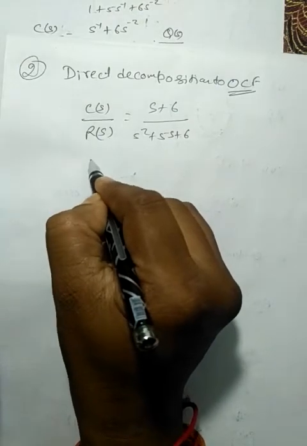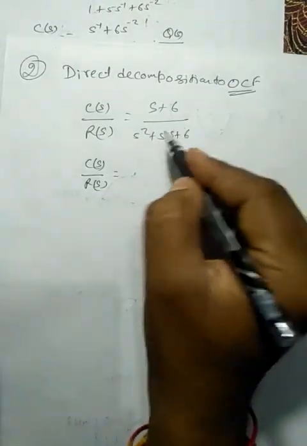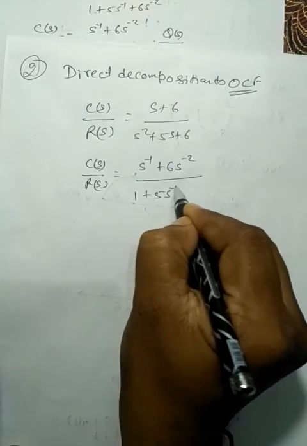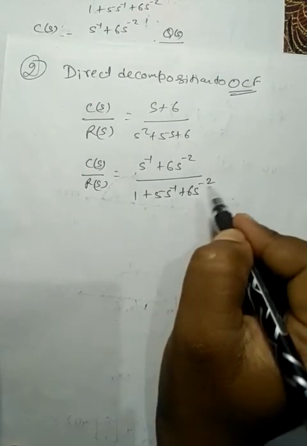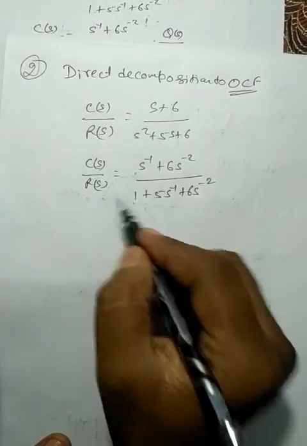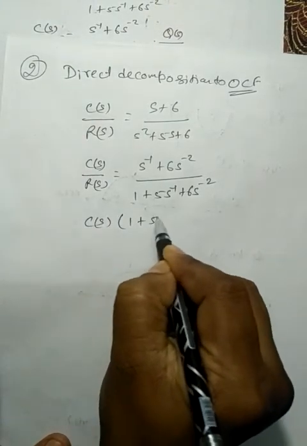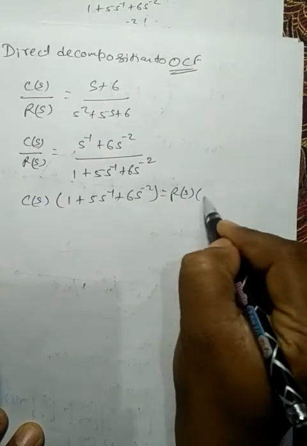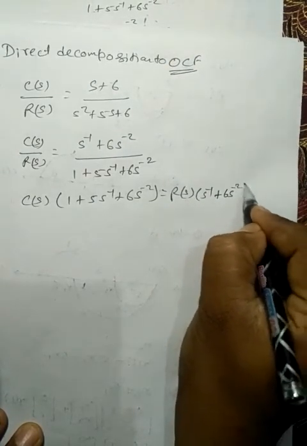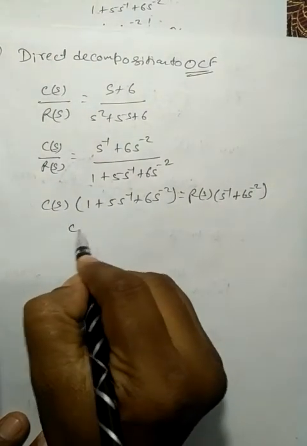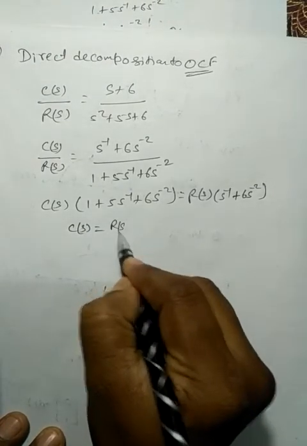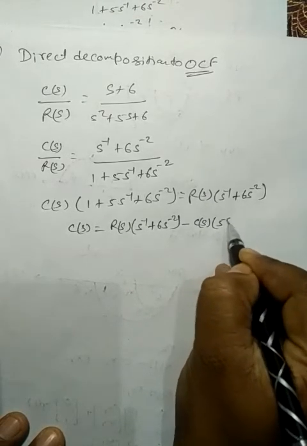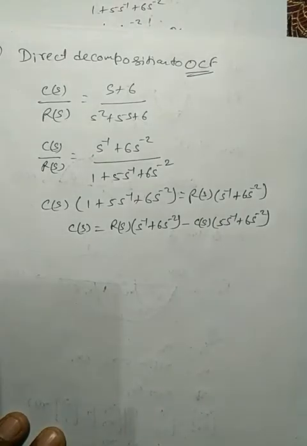Now again, this can be written as CS over RS is equal to S inverse plus 6S minus 2 divided by 1 plus 5S inverse plus 6S minus 2, or this can be written as CS times 1 plus 5S inverse plus 6S minus 2 is equal to RS times S inverse plus 6S minus 2, or CS is equal to RS times S inverse plus 6S minus 2 minus CS times 5S inverse plus 6S minus 2, right?